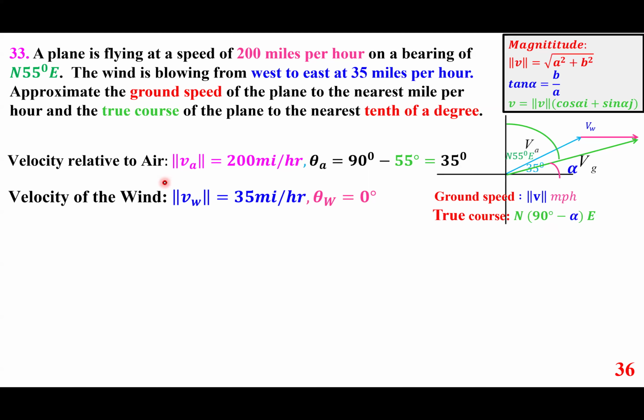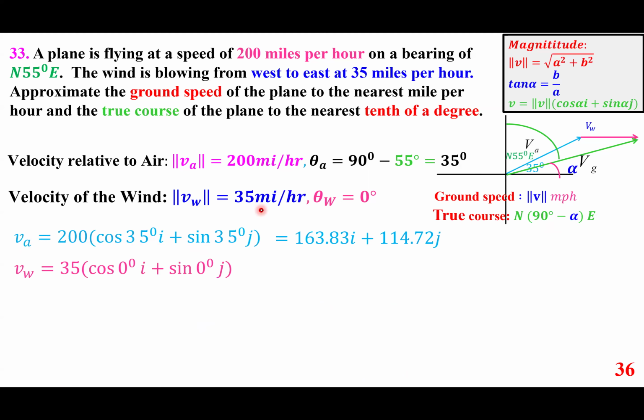So to do so, we are going to add these two. We're going to write the components for each one. V sub a is 200 cosine of 35 i plus sine of 35 j. 35 degrees is not a common arc. You put it into a calculator and you come up with this answer. The wind: 35 cosine of 0 degrees i plus sine of 0 degrees j.